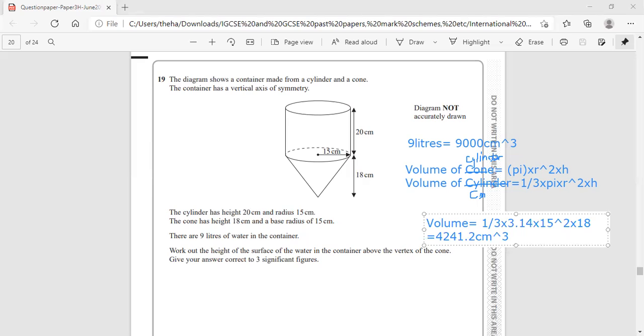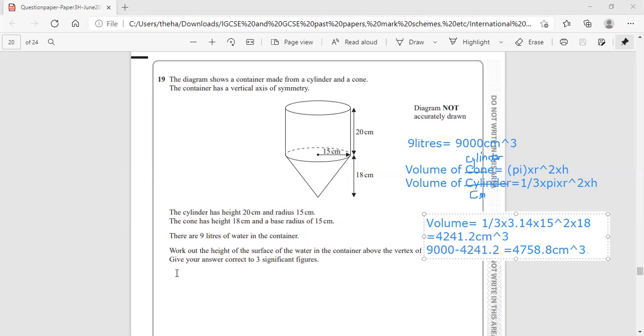Okay, so the next step is to take away what we've just found from 9,000. So what we're doing here is basically just finding how much volume of water goes above the cone. So just put that into your calculator, and you should get 4,758.8. Okay, so that's how much goes above.